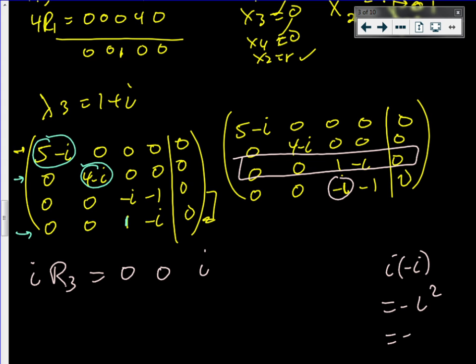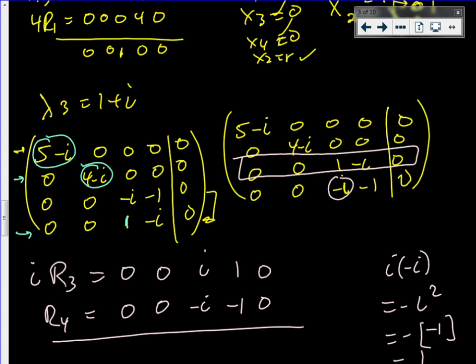But I is the special number that when you square it, gives you a negative 1. So I get 1. That's I times row 3. Okay. And row 4 is just 0, 0, negative I, negative 1, 0.